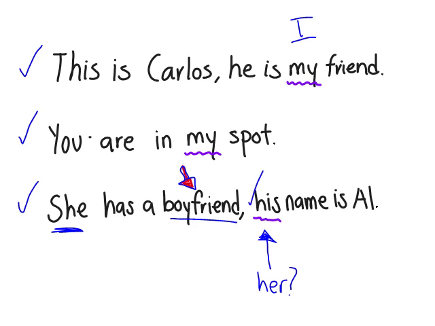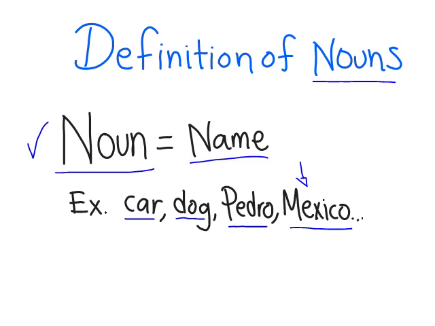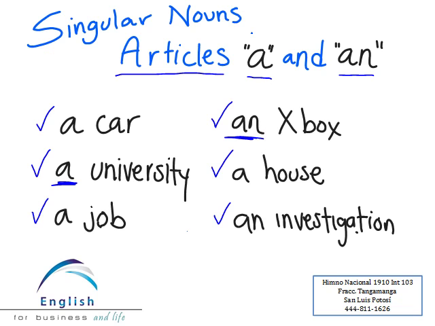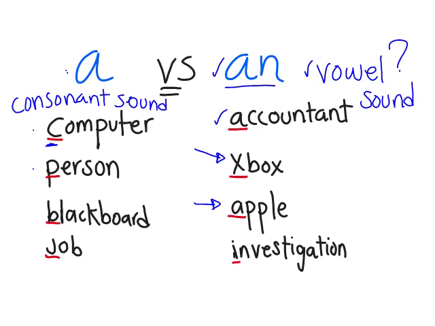Okay, let's review very quickly one more time. Remember, a noun is a name, the name of things in general. Articles, a is for consonant sounds, and an is for vowel sounds, an Xbox, a car. Now, this is the same explanation we just did.